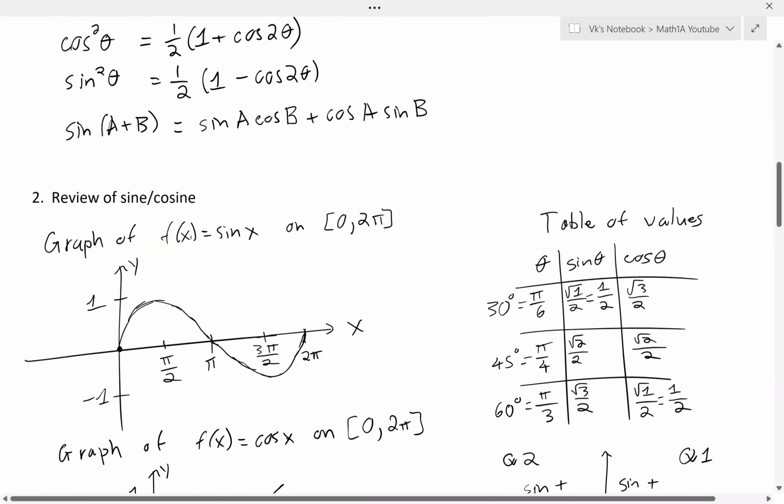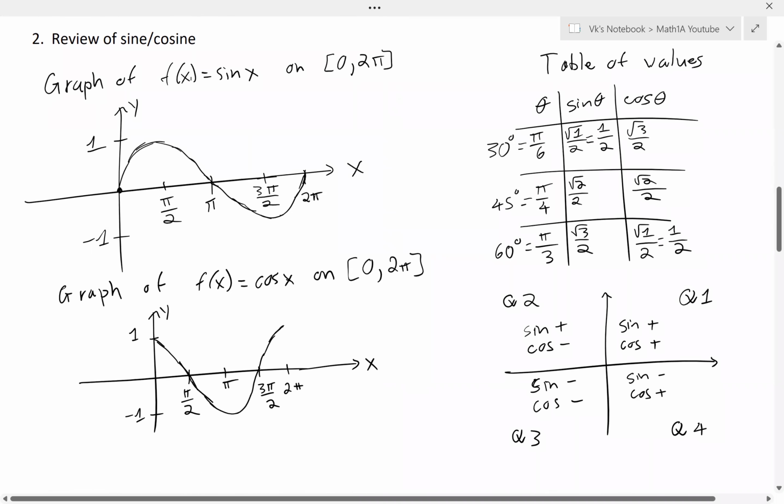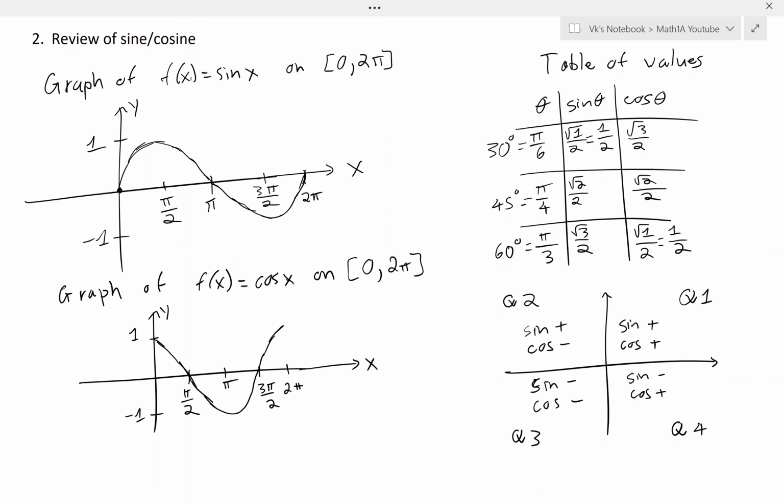Let's move on to a review of sine and cosine. The graph of sine on the interval from 0 to 2 pi looks like an S. Using the graph of sine, we can quickly figure out sine of pi over 2, sine of pi, sine of 3 pi over 2, and sine of 2 pi.